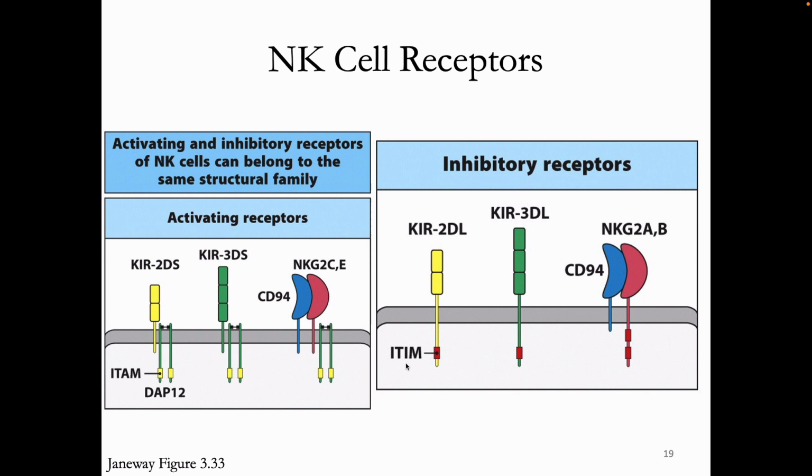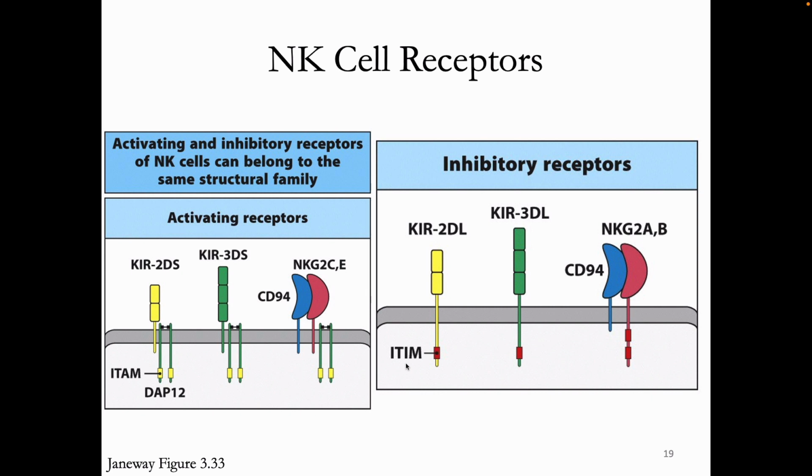If you notice, the activating receptors all pair with a partner protein, similar to what you saw for T cells with CD3 and what you saw for B cells with Ig alpha and Ig beta, also known as CD79A and CD79B. Officially this protein is called DAP12, so don't worry about that name.